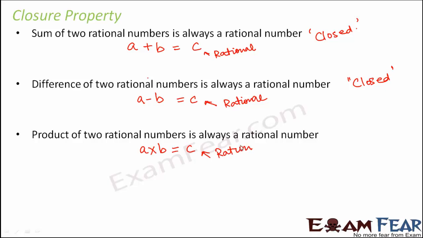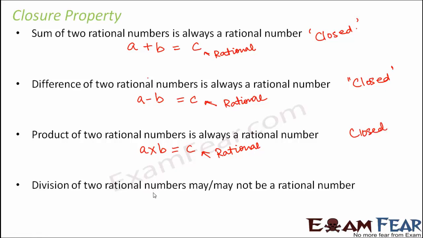So the rational numbers are closed under multiplication. Division of two rational numbers may or may not be a rational number. That means A divided by B is equal to C, and this C may or may not be rational. Therefore, we would say that rational numbers are not closed under division.